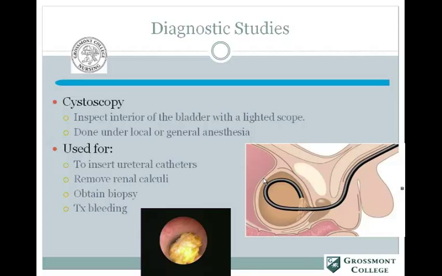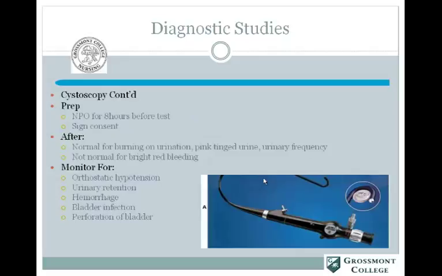So anytime they need to go inside there and take a look, they're going to put this flexible scope into the urethra, and they can go all the way through the urethra, into the bladder, all the way up the ureters. These scopes are really long, so they can go all the way up to the renal pelvis. And you can see and you can flush things out, and sometimes they can cauterize, or they can grasp little stones and pull them out.